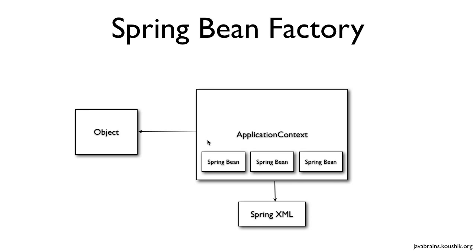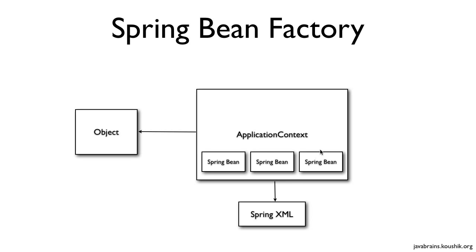We can configure a bean to be initialized only when a get bean happens, and we can also configure the application context itself to initialize beans only when the get bean happens. But as long as you're not doing any such configuration, the default behavior is that the application context creates all the beans in your XML when the context is being initialized, and then when the get bean happens, that's when the application context hands over the bean that it has already created and it already has.